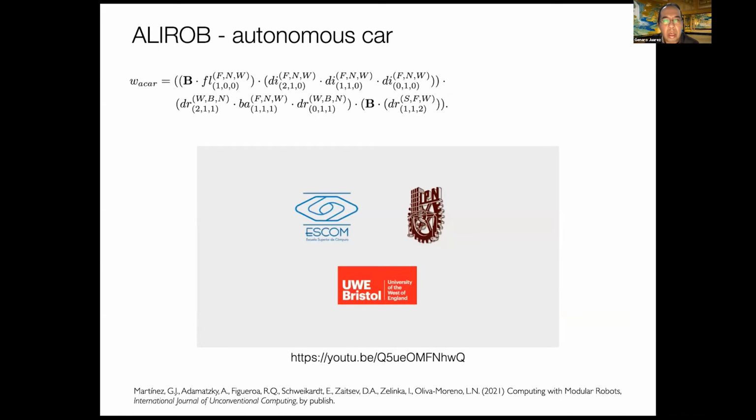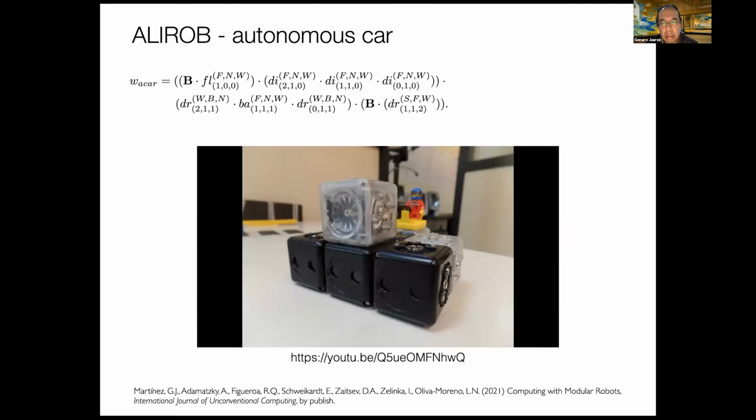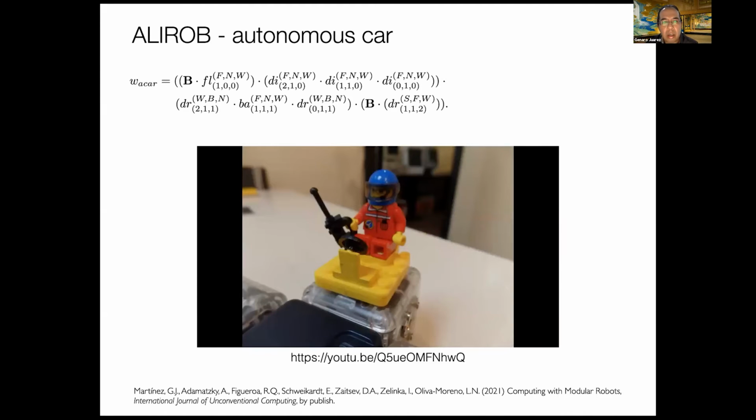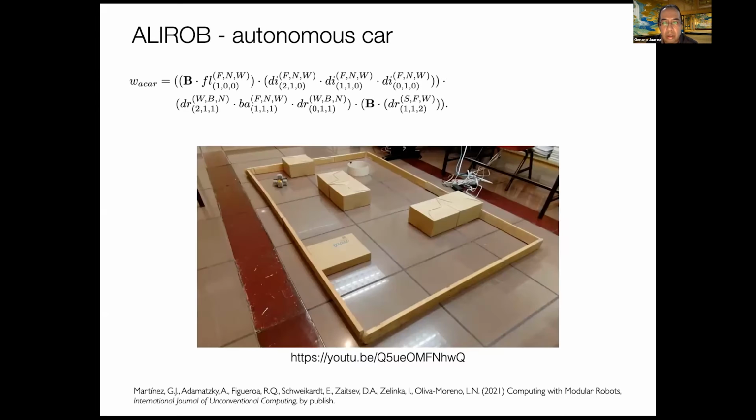Okay. Actually, we have designed some robots in our laboratories. A typical example is the autonomous car, where this autonomous car is constructed basically with a sensor in the front of the robots, impulsed for 2 drivers, Cubelets robots.